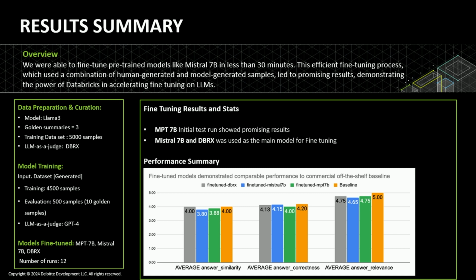So in our case, we had 3 golden summaries. Our business was able to provide us with 3 summaries for 3 different articles that were prepared by a human, great. But 3 articles are nowhere near enough to fine-tune a model, right? We need in the order of thousands to be able to fine-tune successfully.